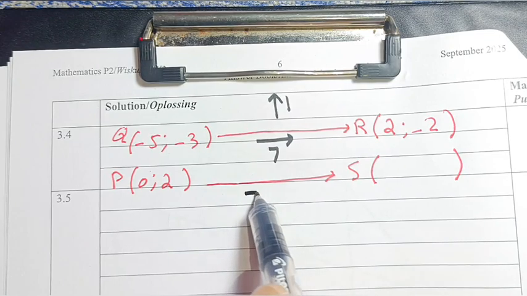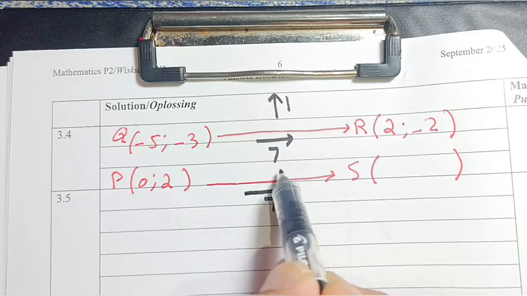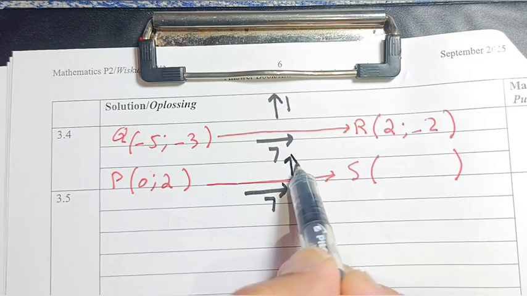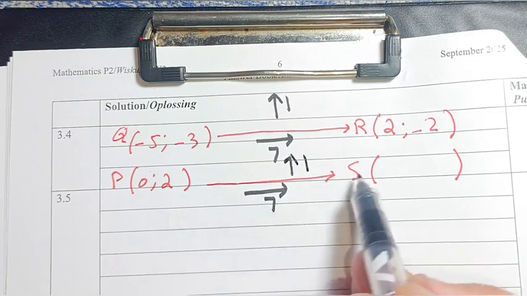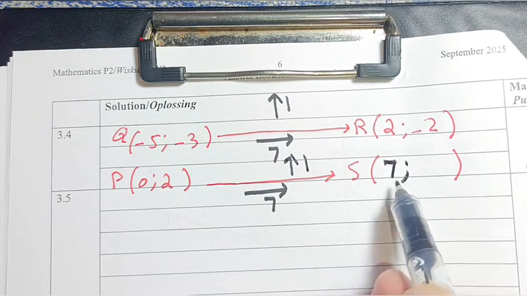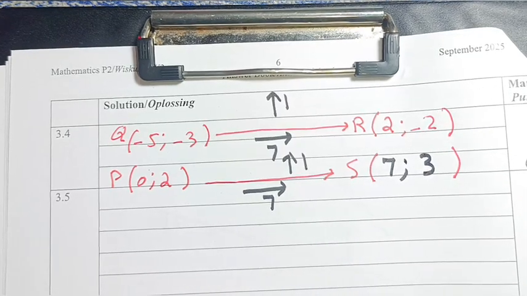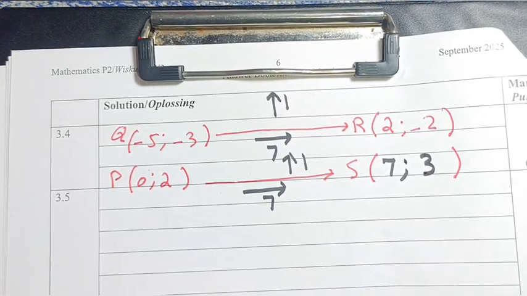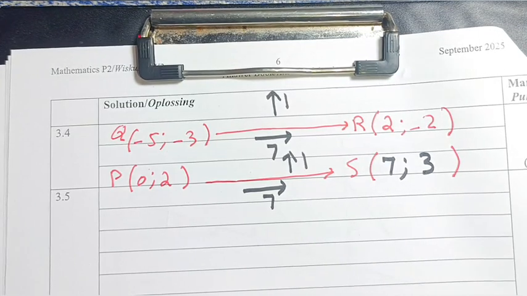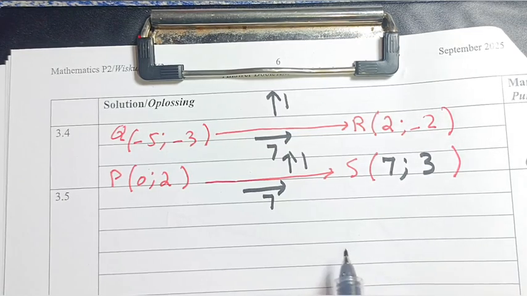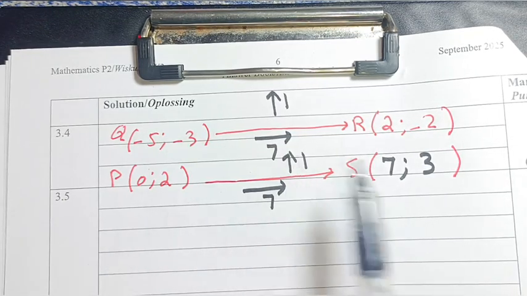So you're going to add 7 here, and also going to add 1. So 0 plus 7 is 7, and 2 plus 1 is 3. So these are the coordinates of S by inspection. You can use the midpoint theorem also. You can apply the midpoint formula also if you want to, but that's a longer way because it's only a 2-mark question.